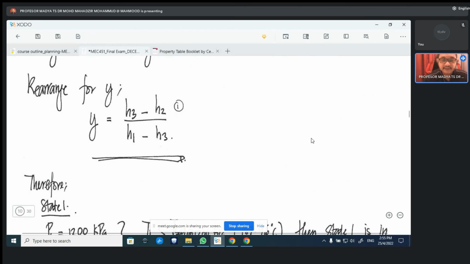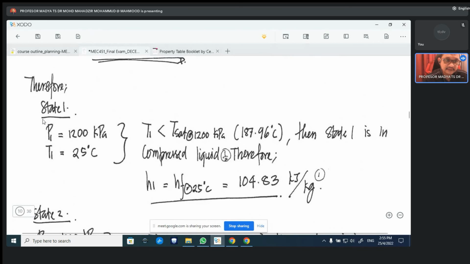Based on the values given in the question, state number one: this is the solution based on the properties table. For state one, you have two properties, because to look at the properties table you have to know at least two properties. State 1 is 1200 kilopascal and the temperature is 25 Celsius.